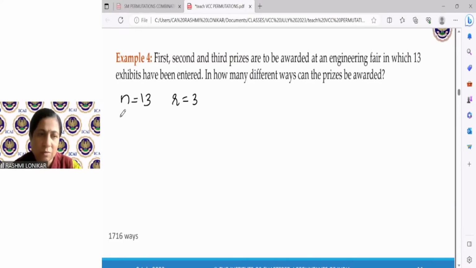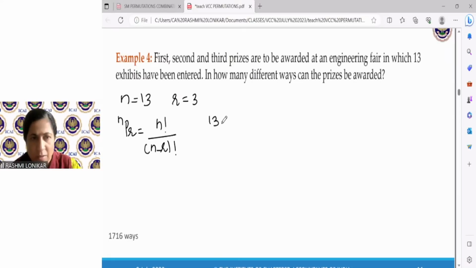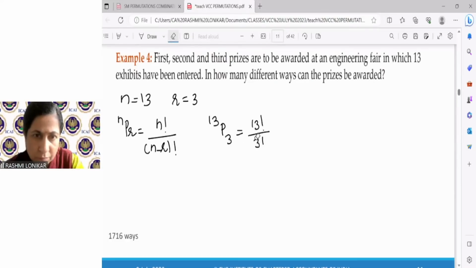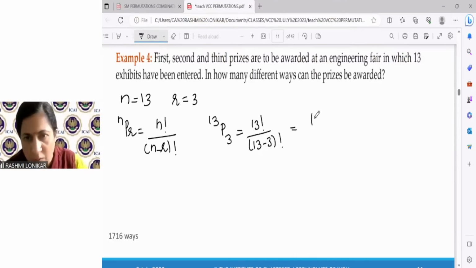So what will this be? nPr is equal to n factorial upon n minus r factorial. So I will have 13P3 is equal to 13 factorial upon 13 minus 3 factorial.